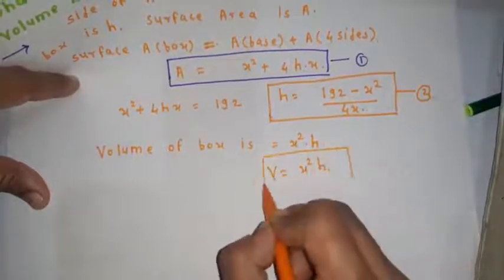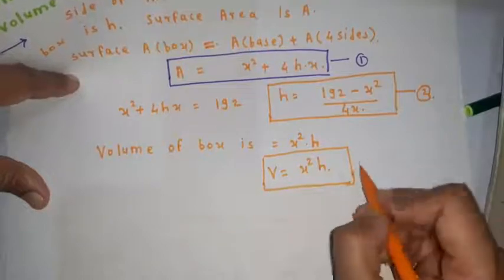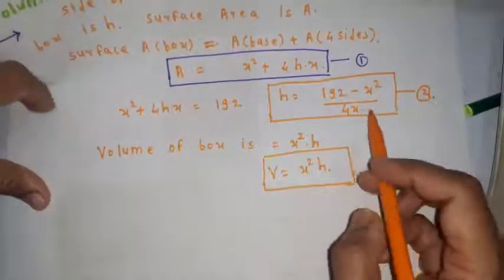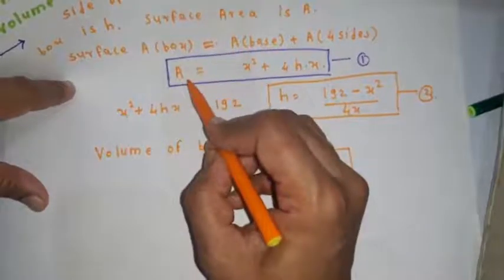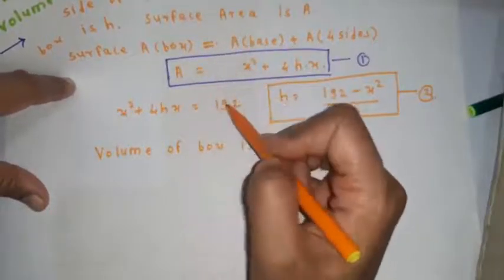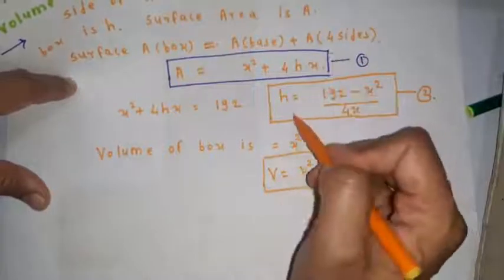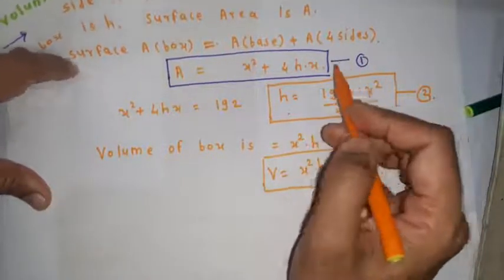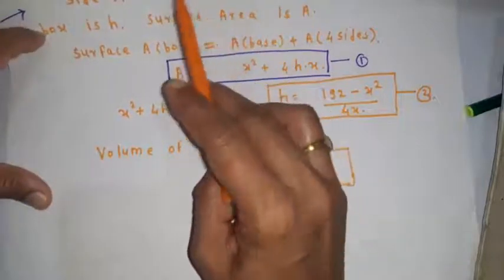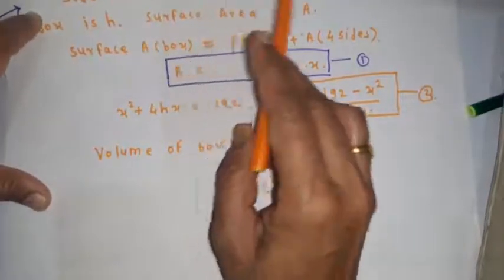Okay students, so see here how we are going to solve the problem. First, we have written the formula of surface area by the geometry of box. From that we have found out the relation for h, and now we are going to apply the derivative test on the volume. Why?